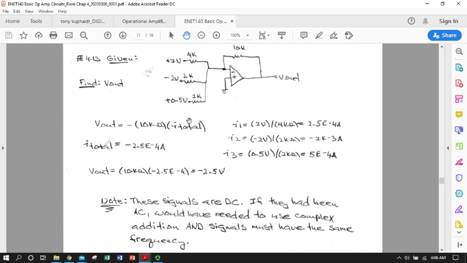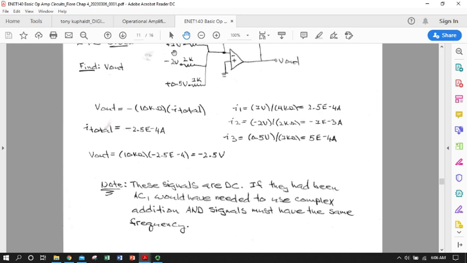So now that we have an I total, we plug it in and we get the output voltage as negative 2.5 volts. So it's a combination at the end of the day of the input signals and their respective resistors. It ends up being a sum if all of the resistors are equal.